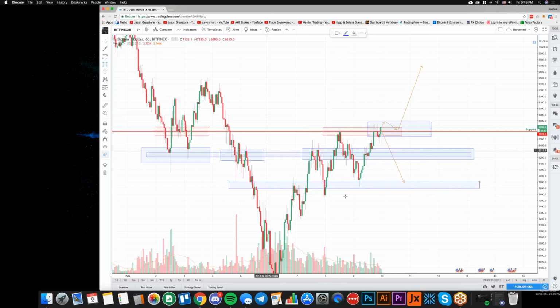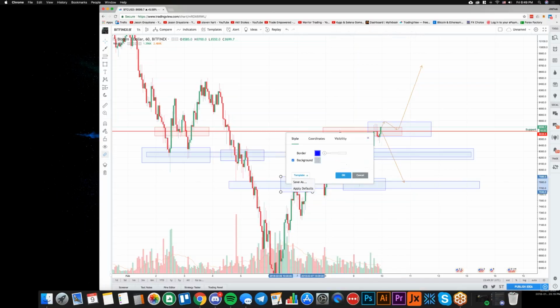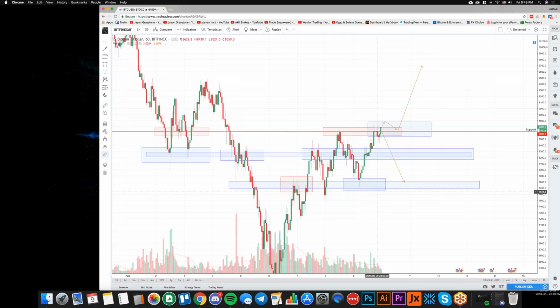And the reason for that one is right here we have support, and right here we have resistance, I'm sorry. And right here we have support. And remember, support and resistance zones are interchangeable depending on which side of price, or which side of the line price action is on.